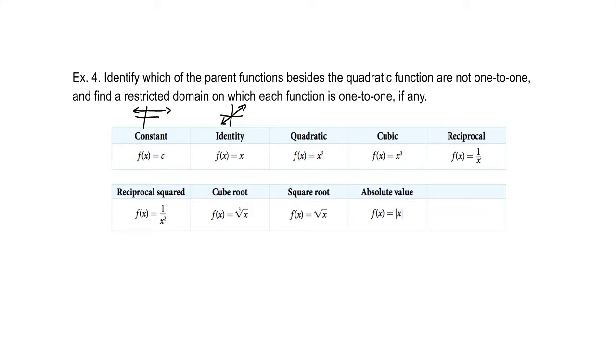We have the quadratic. We've got our cubic, the reciprocal function. The reciprocal squared, something like that with an asymptote. The cube root, and the square root, and then our absolute value.